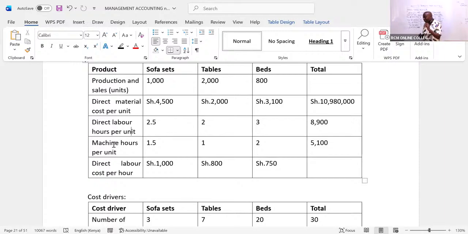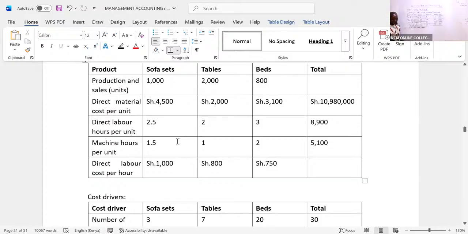So whenever you hear that word per unit, always know that they want you to multiply the numbers given there with the volumes. So they give me the total machine hours. The first one will be 1.5 machine hours. But because that is for 1 unit, times what here, somebody? 1,000.